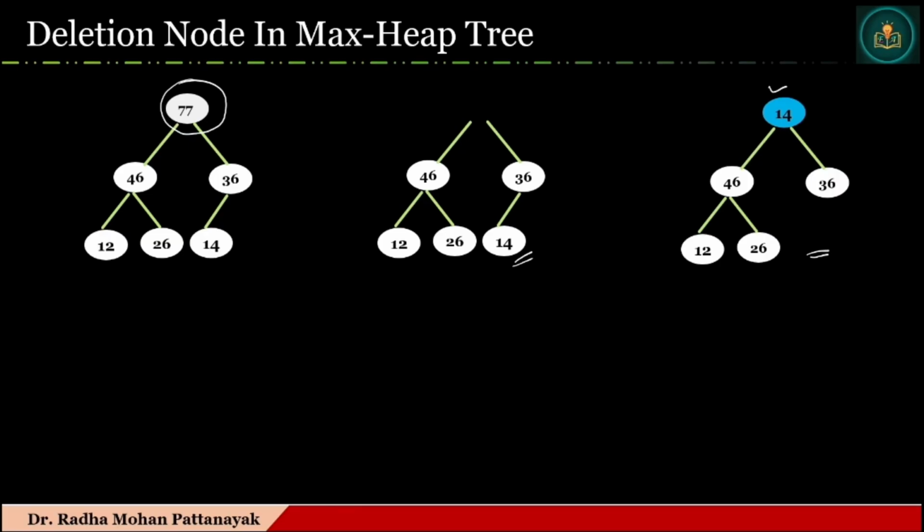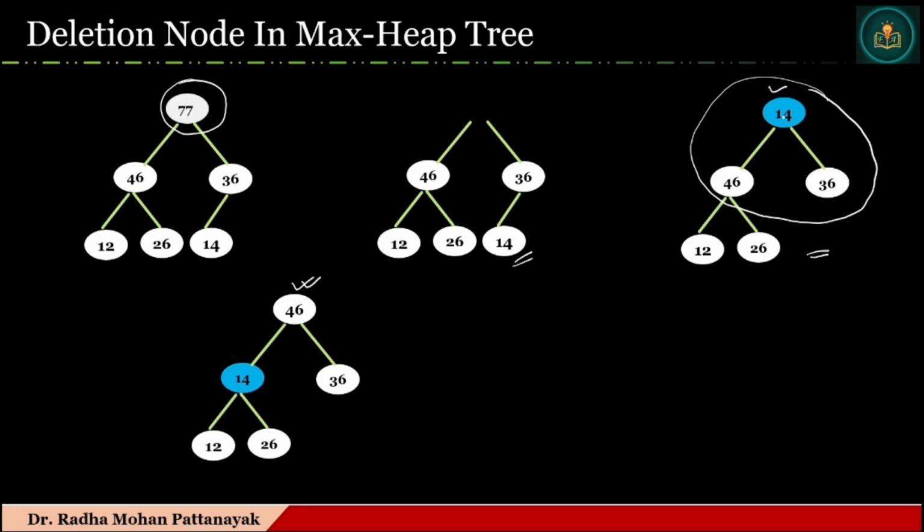So to maintain the property of the max heap tree, in the worst case, we need to make two comparisons as well as at least one swapping in every level, isn't it? For example, say you want to make this subtree a max heap tree. So what will you do? You have to compare 14 with 46 as well as 36, so that the higher element will come to the root.